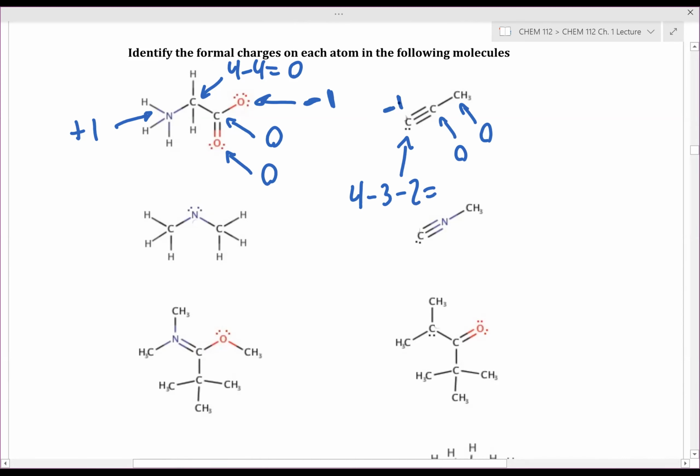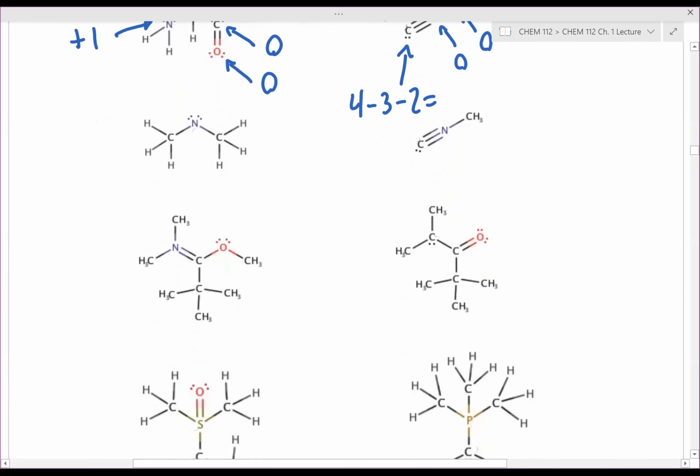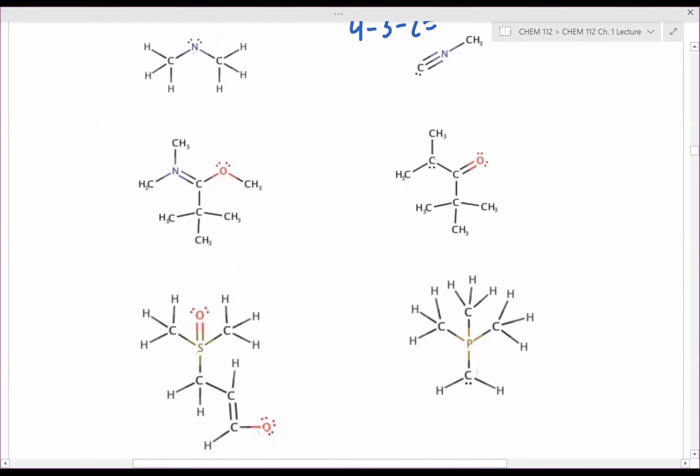In general, in most cases, if you see a lone pair localized on carbon, it will have a negative formal charge.